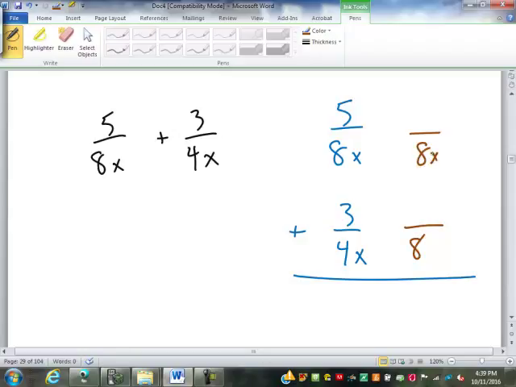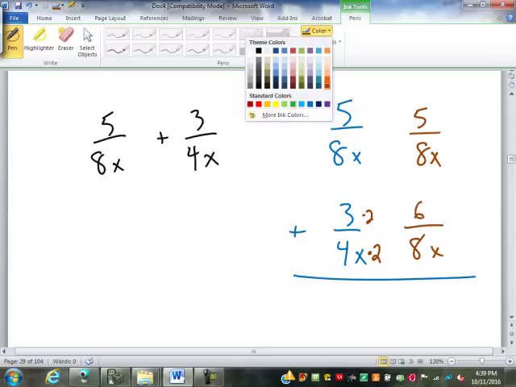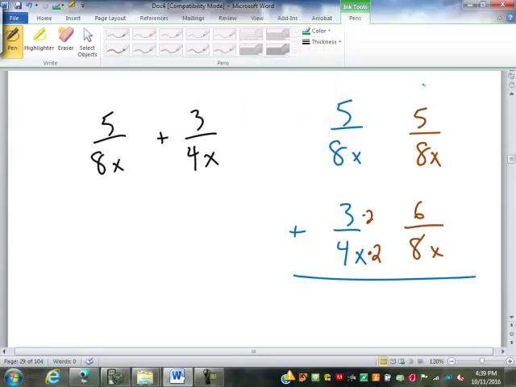They're both x's, so we don't need to change the variable. So the 5 over 8x is just going to stay 5 over 8x. 3 over 4x had to be multiplied by 2 to make 8x. So 3 times 2 is 6. So now what? 5 plus 6 is 11 over 8x.